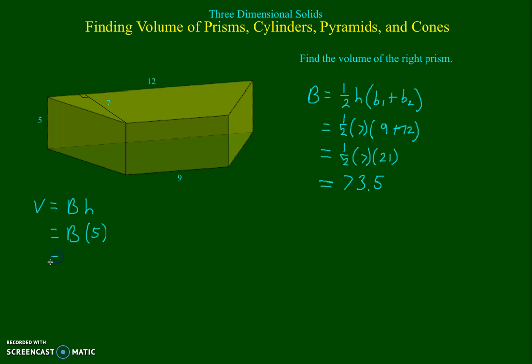Then that makes the volume 73.5 times 5, which is 367.5. All right, another straightforward example. We just had to know the area of a trapezoid formula. All right, let's move on to another example.